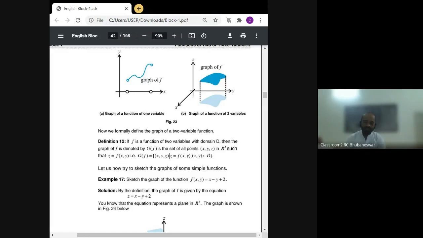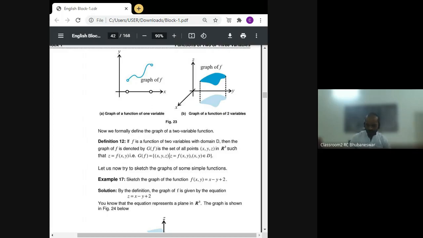So these are some basic rules to define the function in R square and R cube, and how we can draw the graph of these corresponding functions, because the output of all these real valued functions of two variables and three variables is in terms of the set of real numbers R. So now let us move towards the limit and continuity of this kind of function.